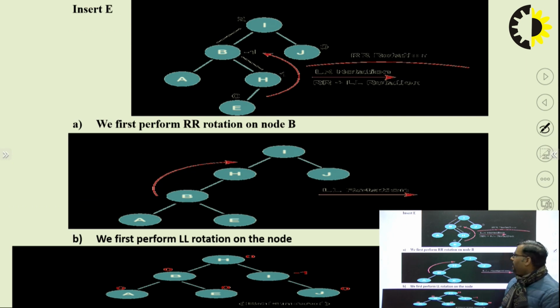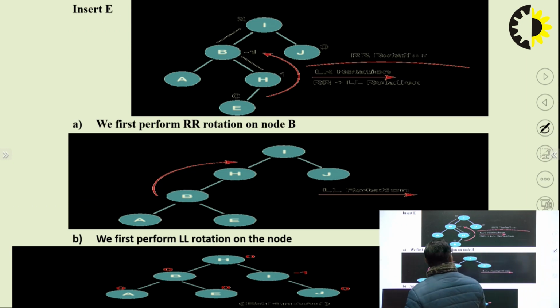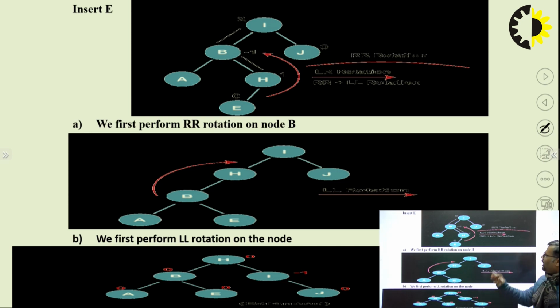Next, again insert I. Then insert E. E is the smallest element in comparison to A and H, that's why E is inserted on the left side.